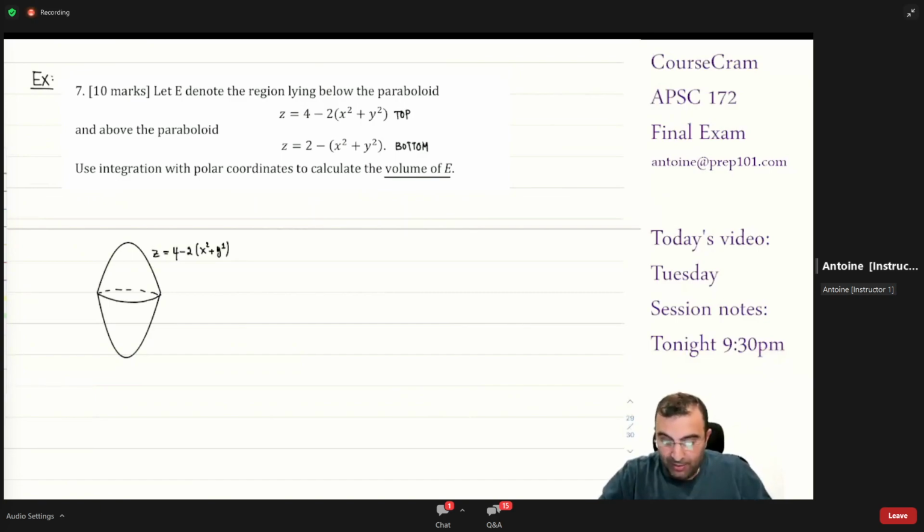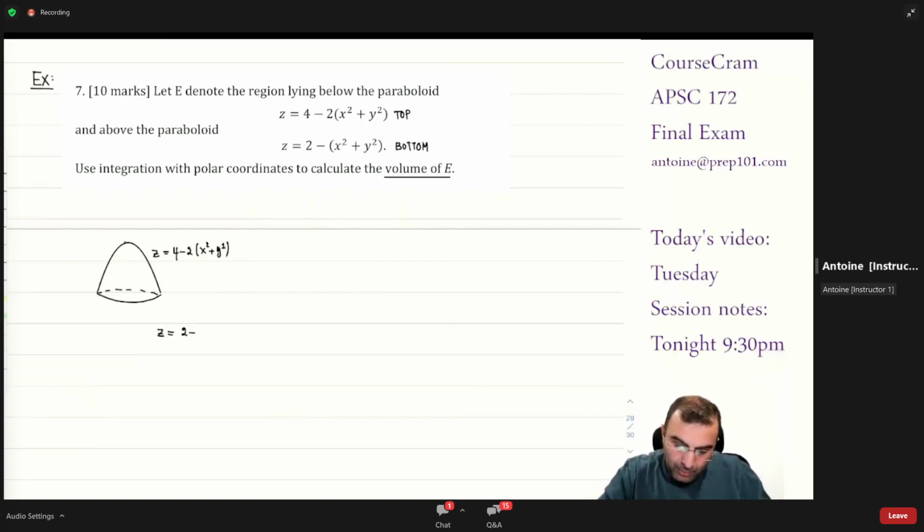It's like an Easter egg. So z is equal to 2 minus, below the paraboloid, above the paraboloid. So in fact, both of those are like this, and both of those are paraboloids like this.